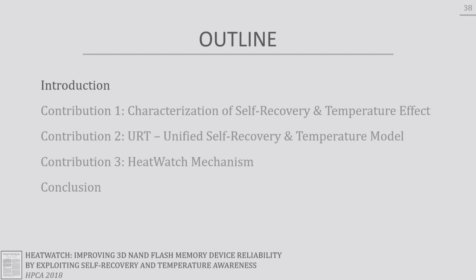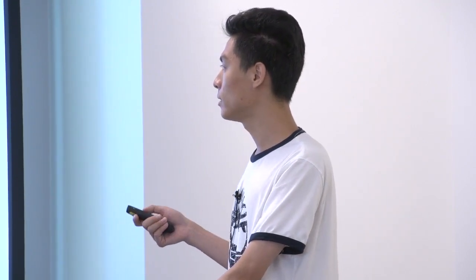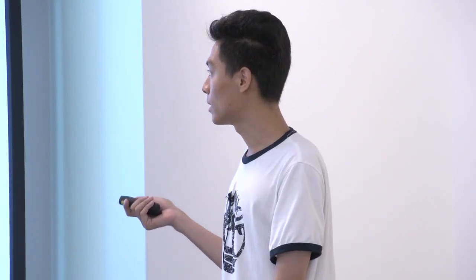I'll first give some introduction of these two effects, and then some characterization of them. Then we propose a model called the URT model, which is Unified Self-Recovery and Temperature, that captures these two effects. And then we propose a mechanism called HeatWatch that utilizes this model to improve 3D NAND reliability.